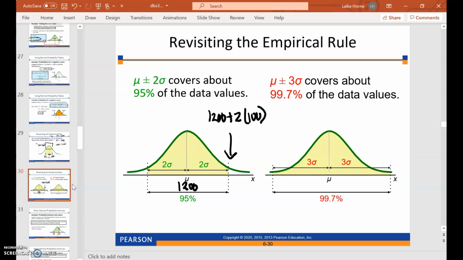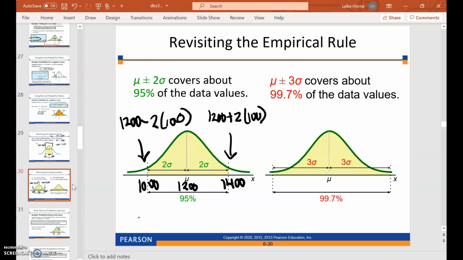So 2 times 100 is 200, and the upper interval is 1,400. Now we do 1,200 minus 2 times 100, so 1,200 minus 200, which is 1,000.